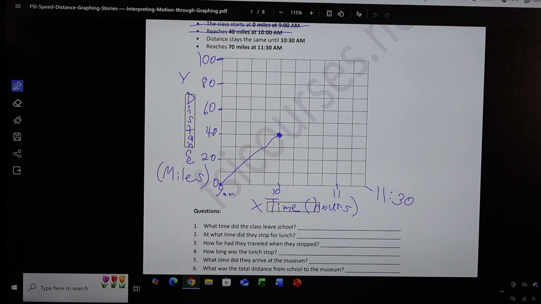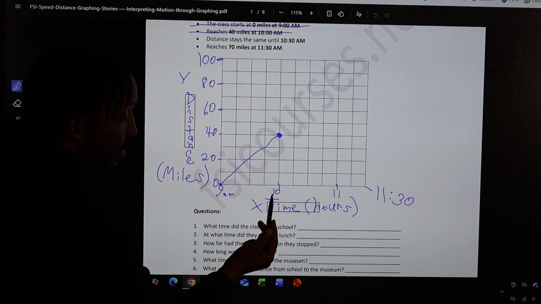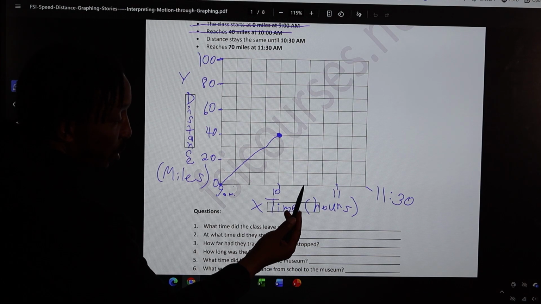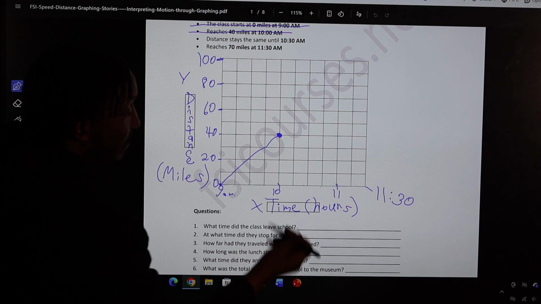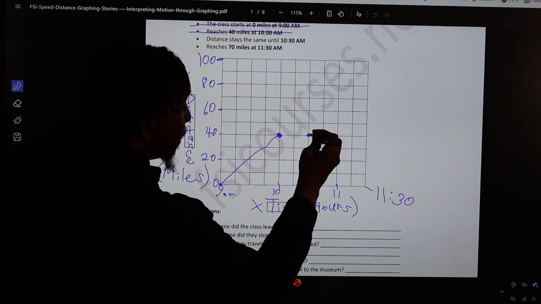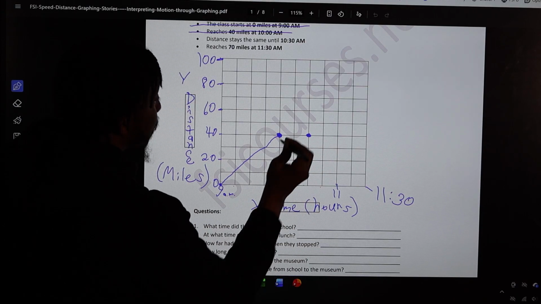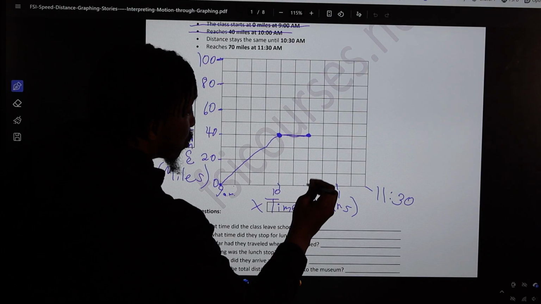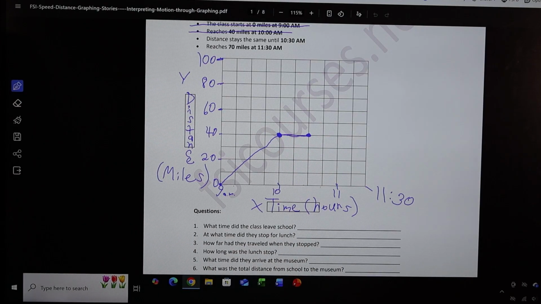Distance stays the same until 10:30. That means the distance is a flat line. So here's 10 and here's 11. Remember, 10:15, 10:30, 10:45, 11 a.m. So that means the distance stayed the same from 10 a.m. to 10:30 a.m. So we stop right there.